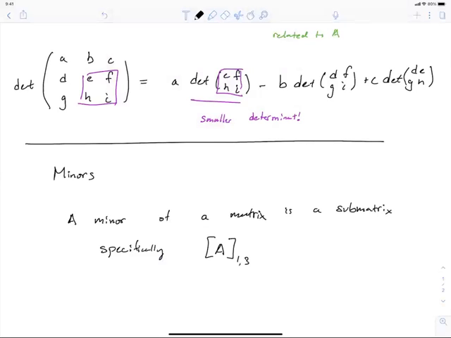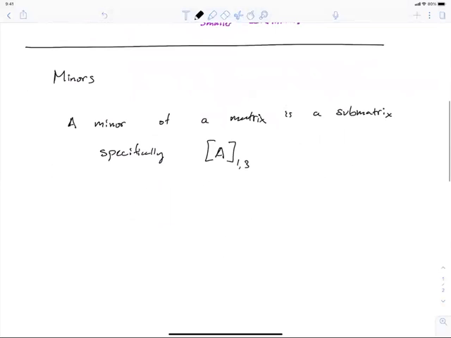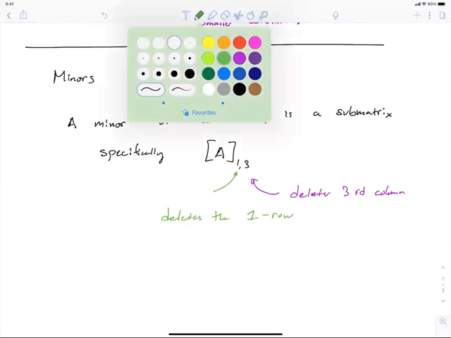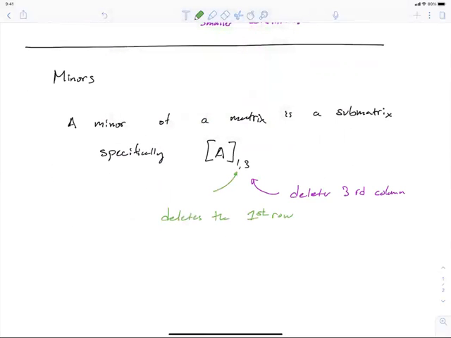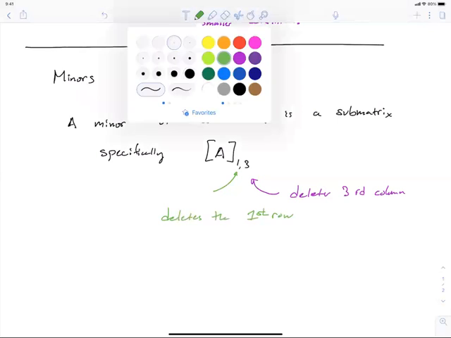So this is just an example. The 1, 3 just means that we're going to delete the first row, and this 3 means we're going to delete the third column. And that's going to be a minor.